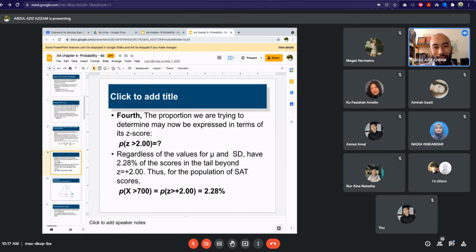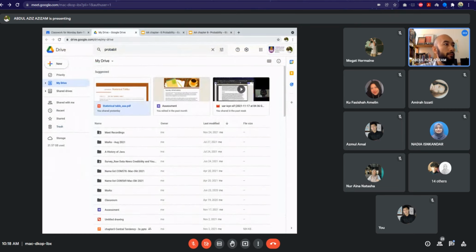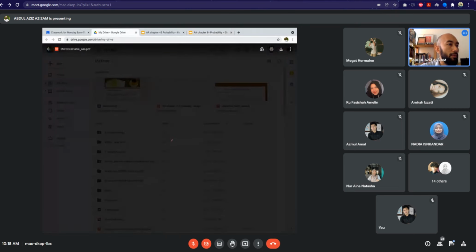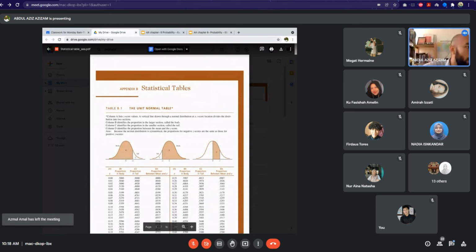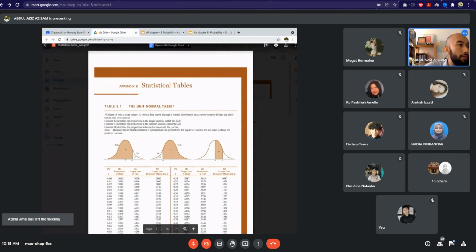Macam mana datang 2.2% ni? Anyone? Macam mana kita dapat 2.2% ni?